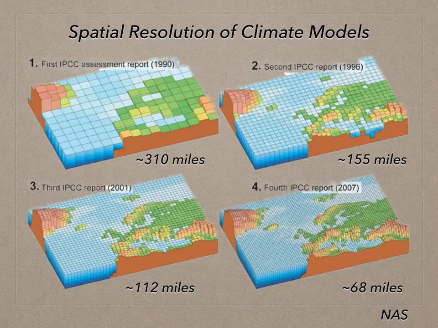We're now running climate models with resolutions of about 25 miles on a side, the most current climate models. So the spatial resolution, the detail, the information that we can generate for societally relevant problems has increased dramatically over the last 2 decades in the field of climate modeling.